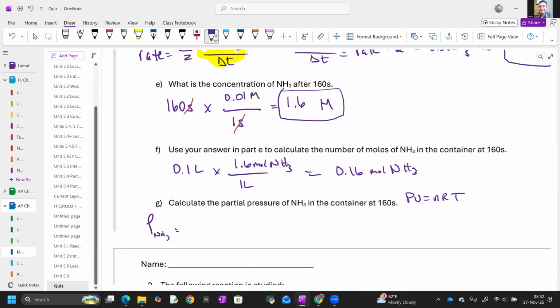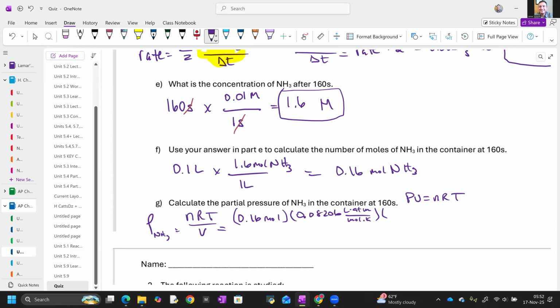P is equal to nRT over V. Now we know the moles of NH3, 0.16 moles. According to our resource sheet, the R value is 0.08206, liters atm over moles Kelvin.